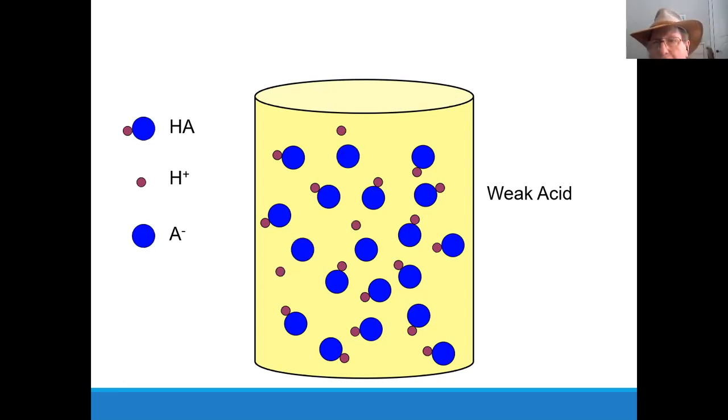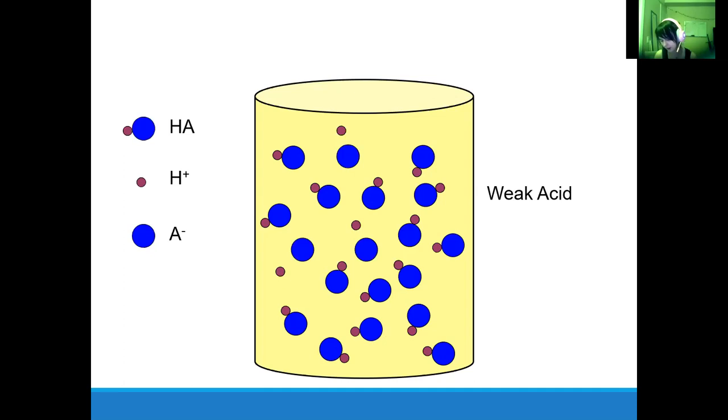I have some ions in solution, so it will conduct electricity. Is it going to be a strong current? Do I have a lot of my molecules dissociated into an anion and H plus, Jessica?